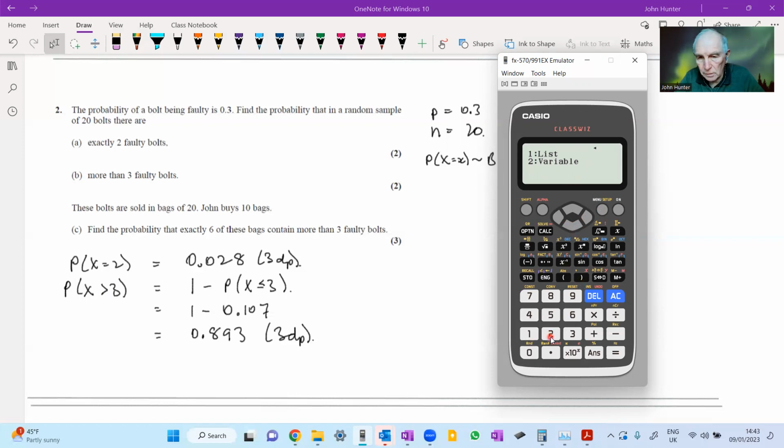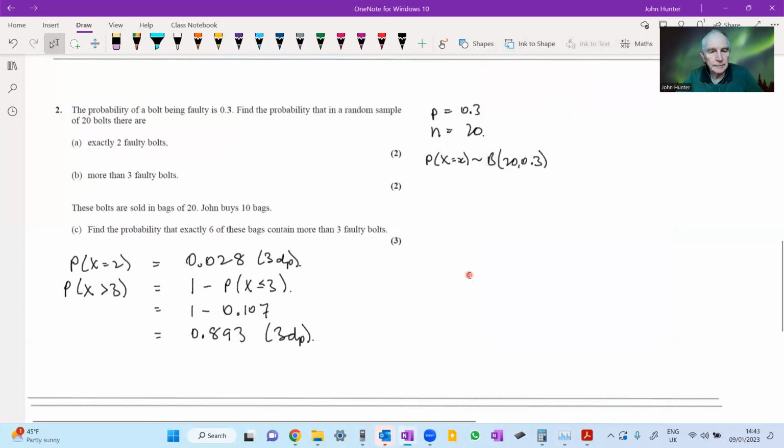So p equals 0.3, and that's 0.107 to 3 decimal places. So that's 1 minus 0.107, giving us this answer here. Okay, so that's good.